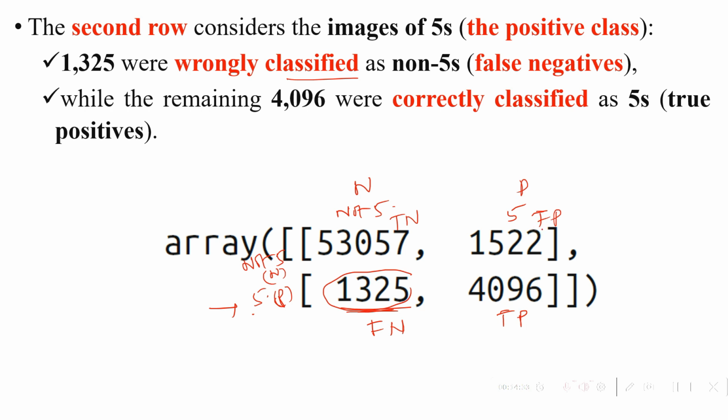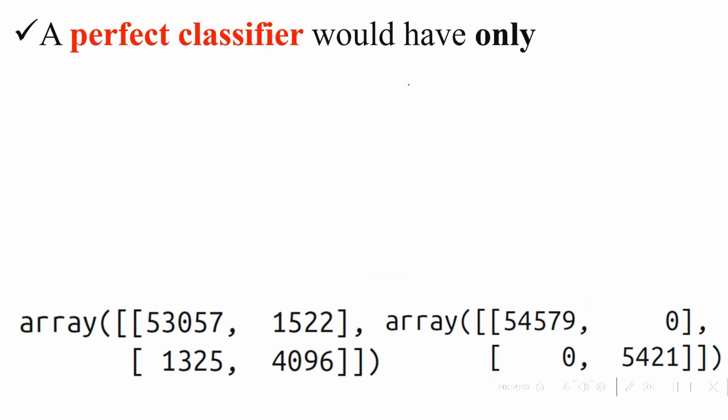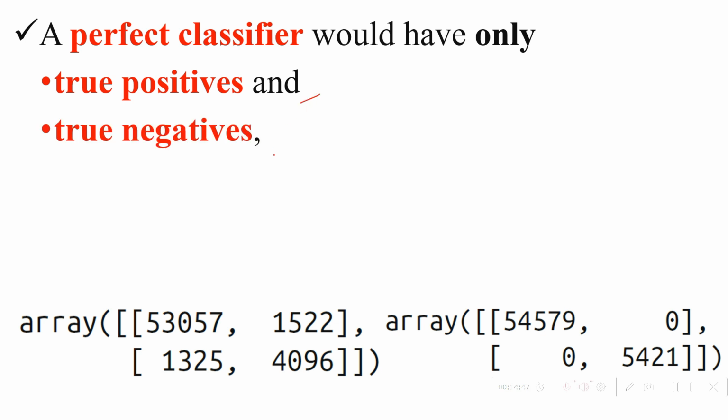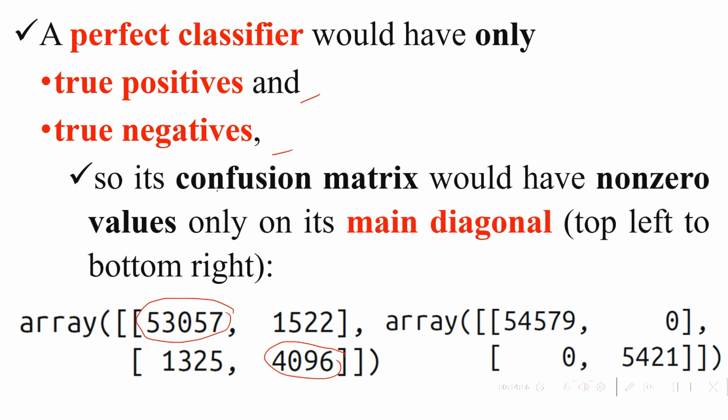So like that we find our confusion matrix. By seeing this, we can say how many are correctly classified by our model. A perfect classifier would have only true positives and true negatives, so its confusion matrix would have non-zero values only on its main diagonal.